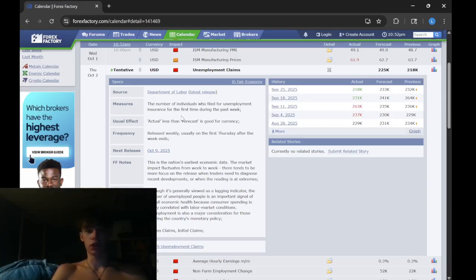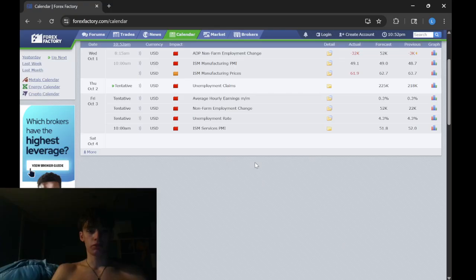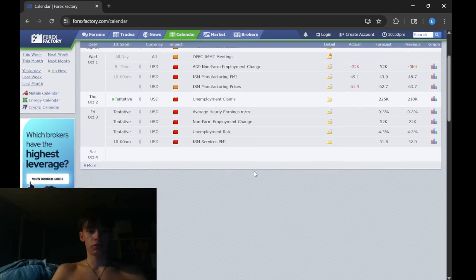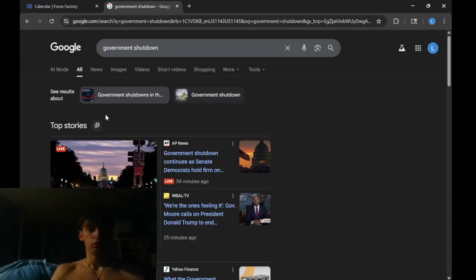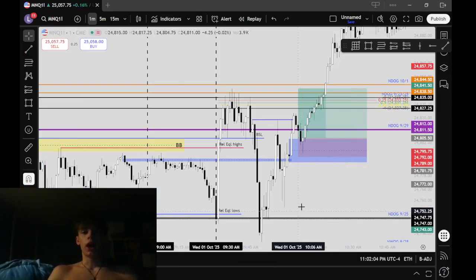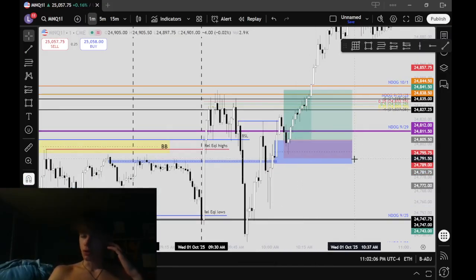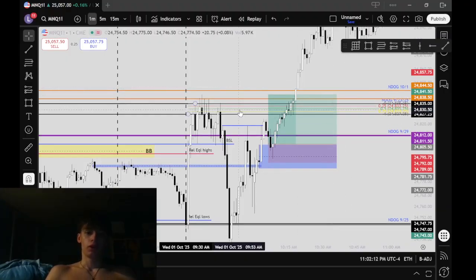The government literally shut down, so we do not know when specific news is coming out, because the government shuts down after Trump and Congress failed to reach a deal. So I mean, news is going to be super behind. It's probably going to be later than usual. So I have to be careful. I have to be smart about it.